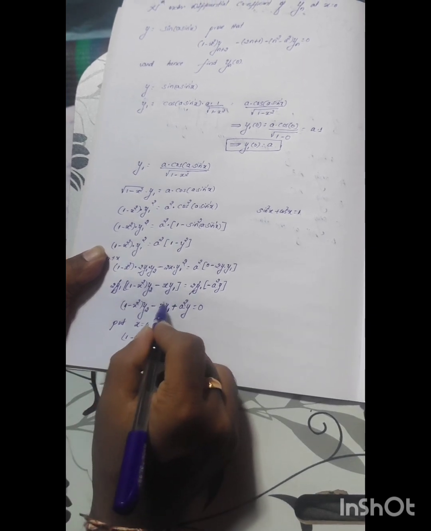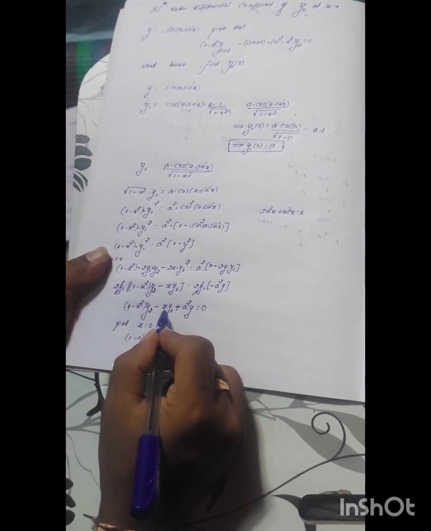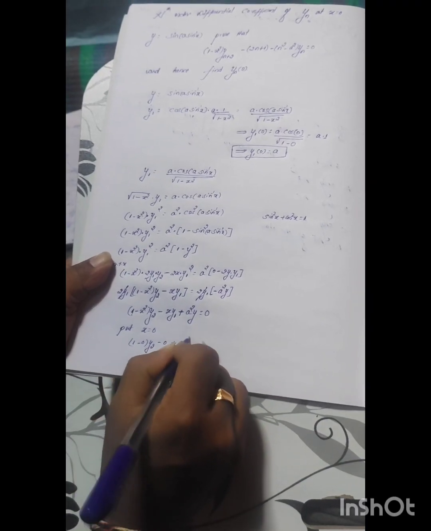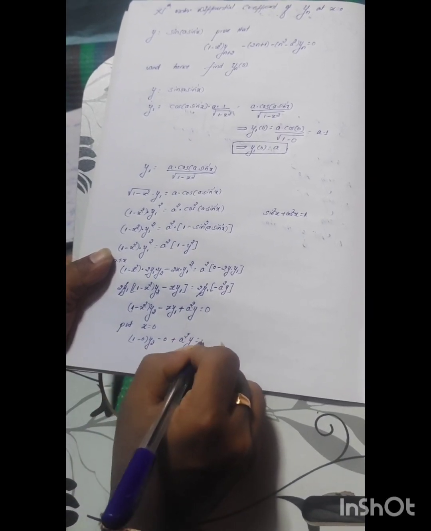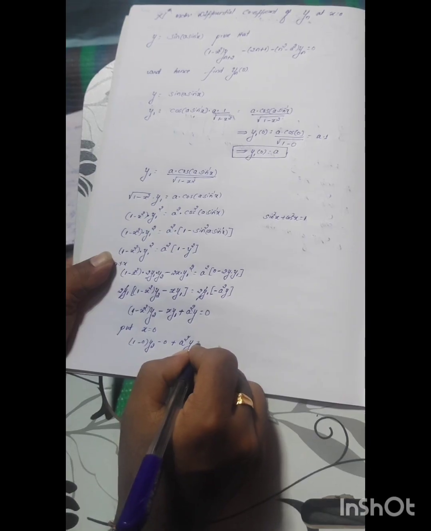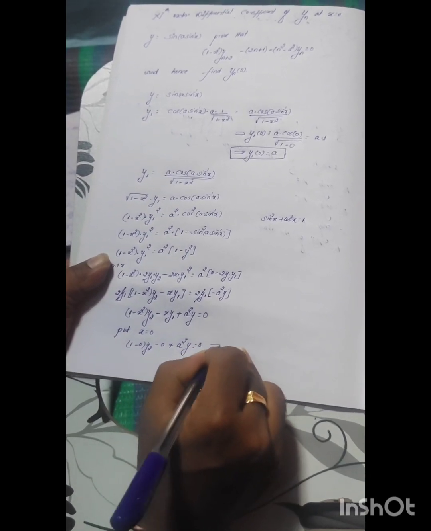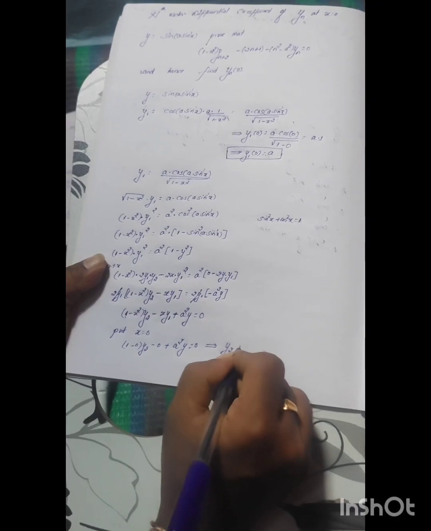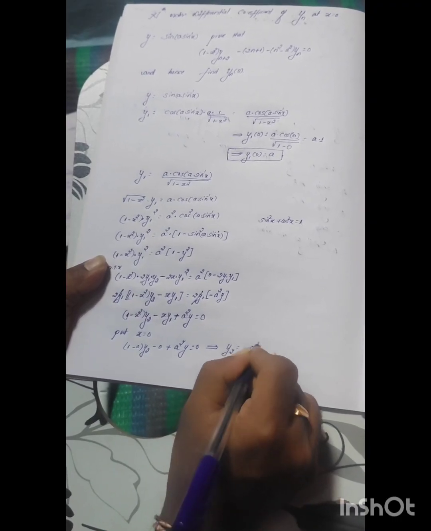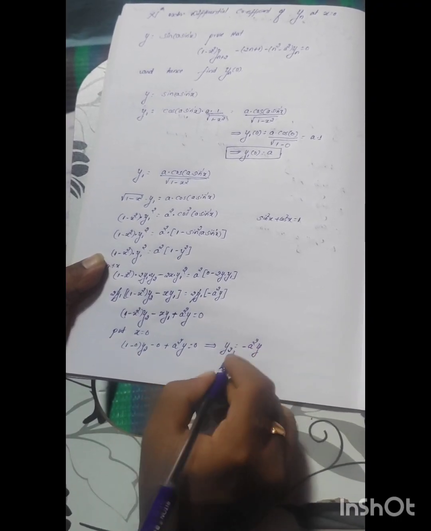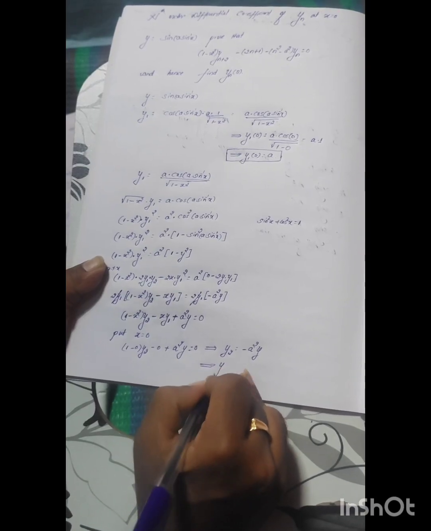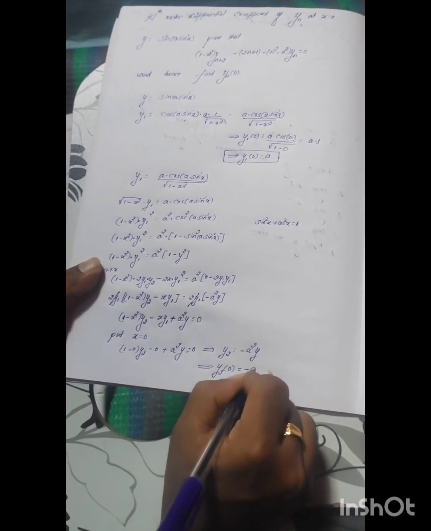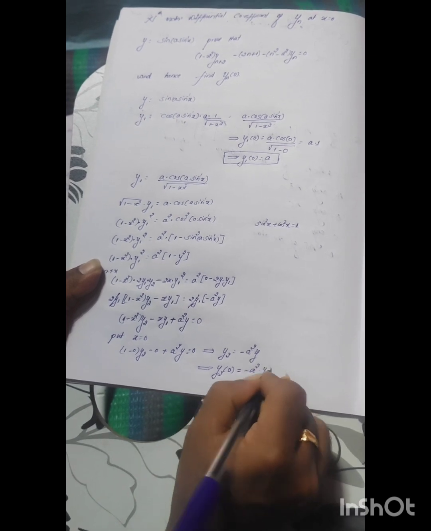This term, minus 0 into y1, will completely become 0, plus a square y will be equal to 0, which implies 1 into y2 will be equal to minus a square y, which implies y2 of 0 is nothing but minus a square into y of 0.